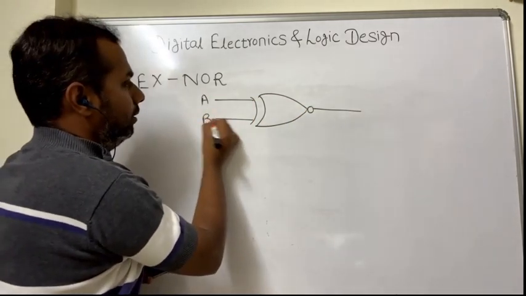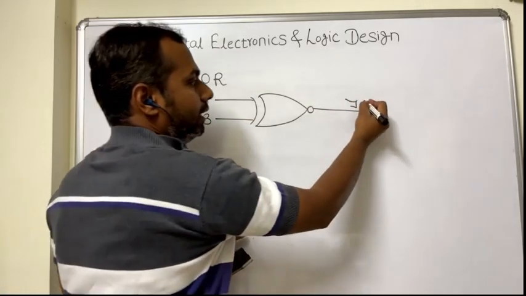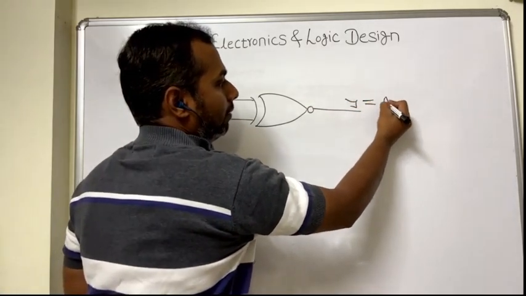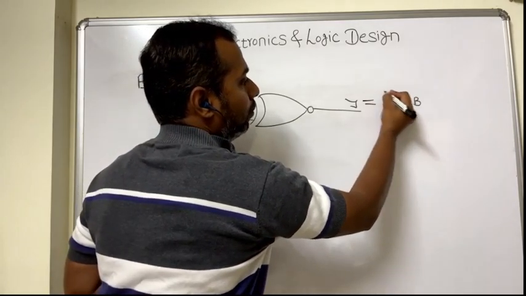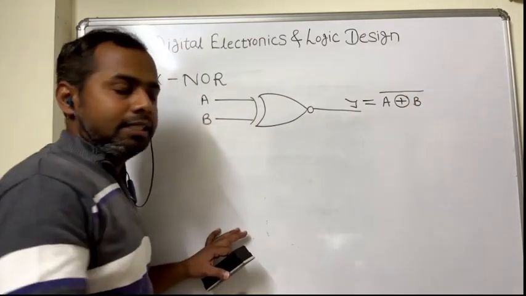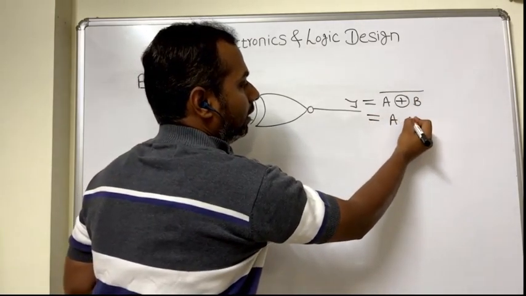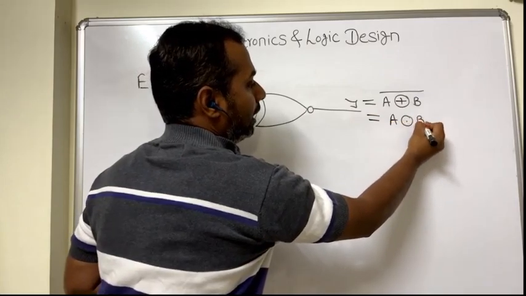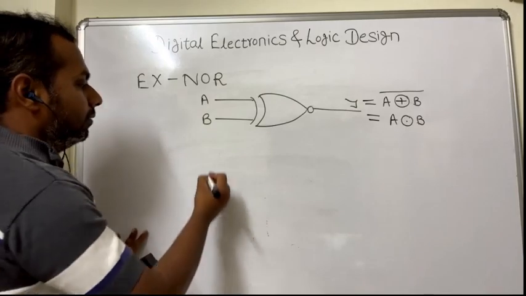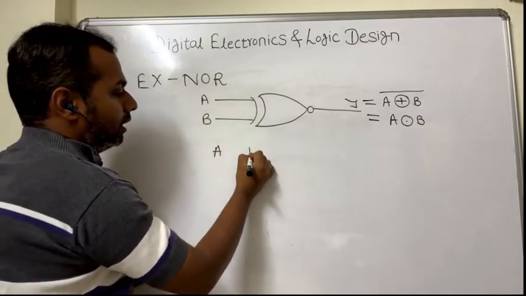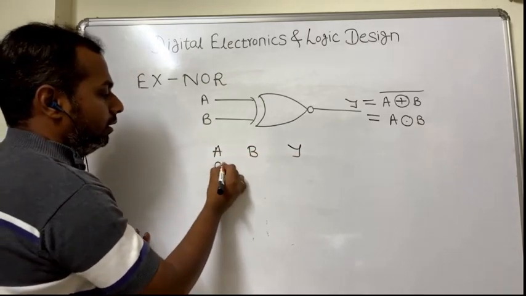Inputs A, B, and output is Y. Its logical equation we can write in this form: A XOR B whole complement. In simplified form, we can write down A XNOR B. This is the XNOR operation symbol. Again, the truth table of XNOR gate for two input A and B.